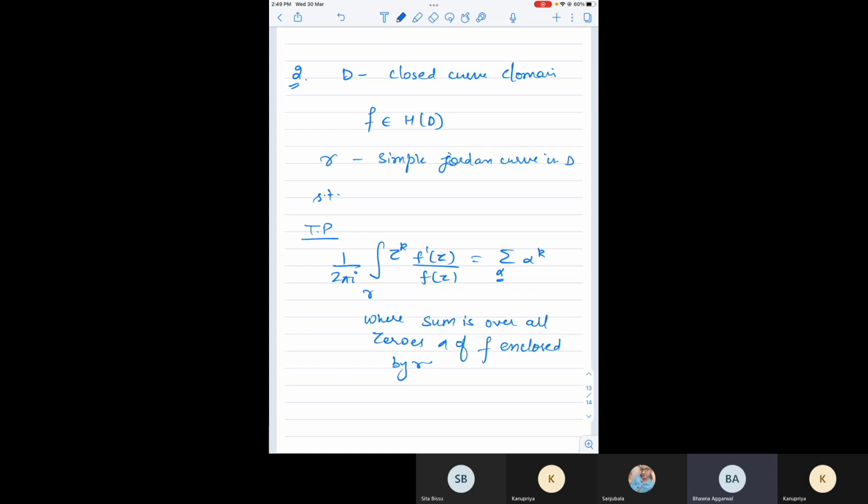Ma'am, if D is a closed curve domain and we have a smooth Jordan curve, and if the function is a meromorphic function such that it has no zeros or poles on the curve, then the integration over the curve gamma of f dash upon f is equal to 2 pi i into z minus p, where z is the number of zeros of f and p is the number of poles of f inside gamma counted with multiplicity.